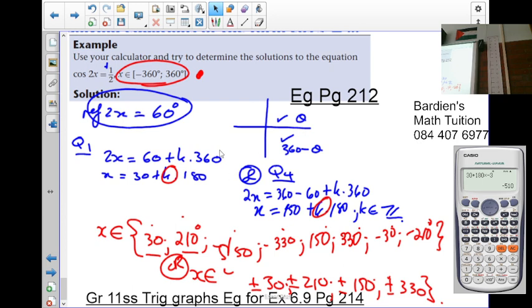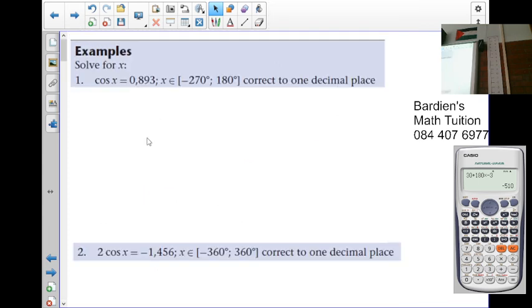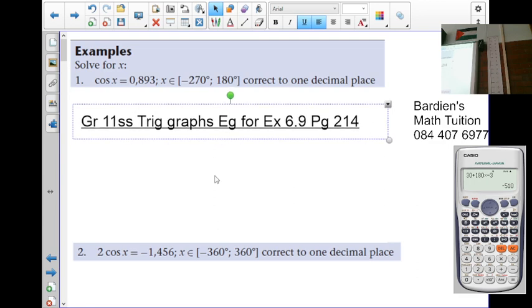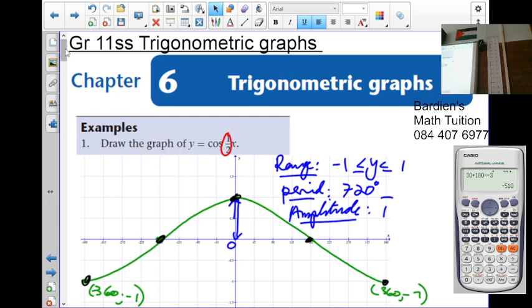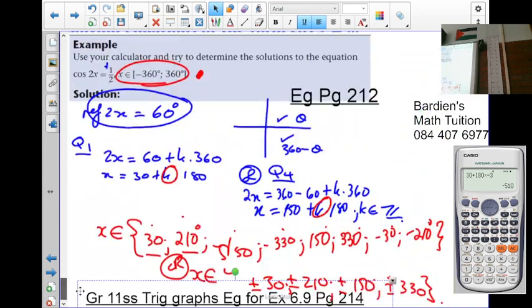Alright, so let's go to the next one. This example is on page 212, same as the previous one.